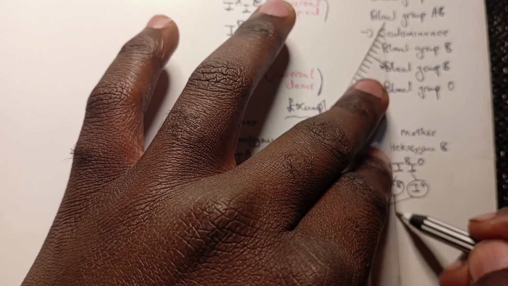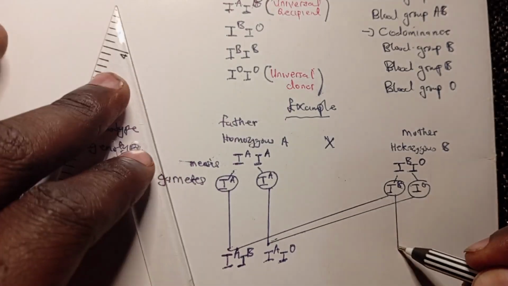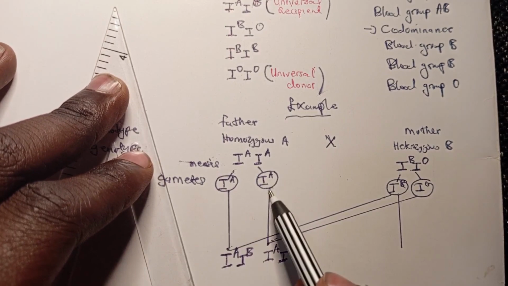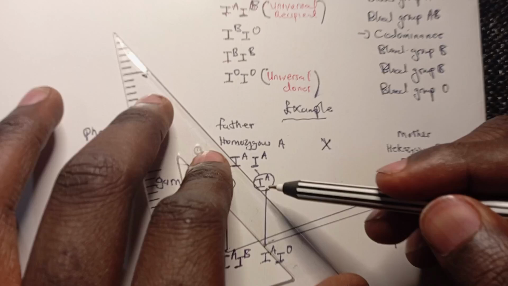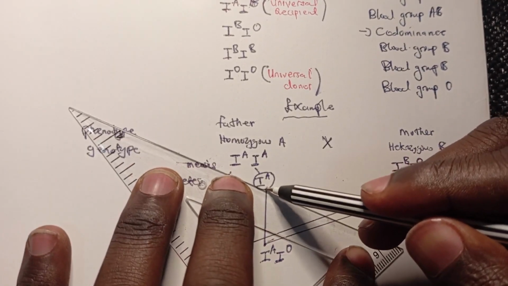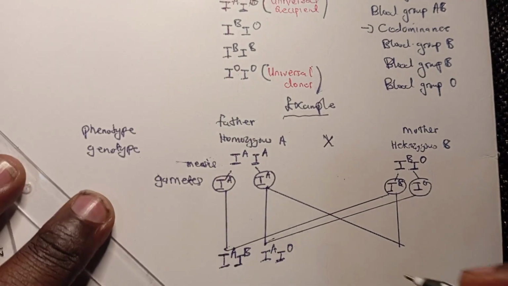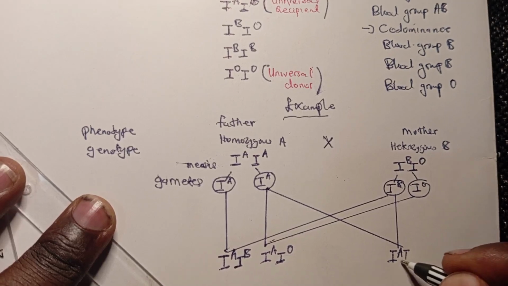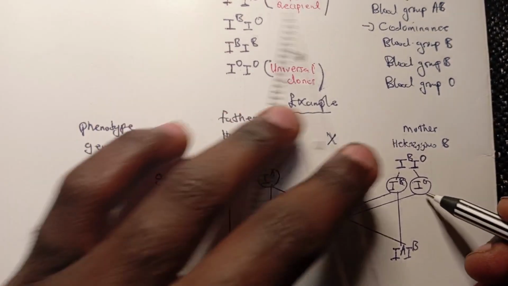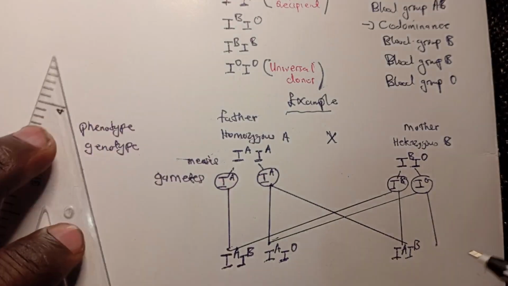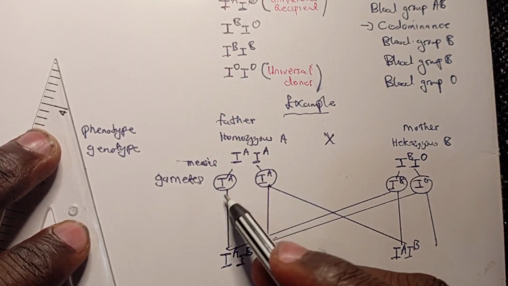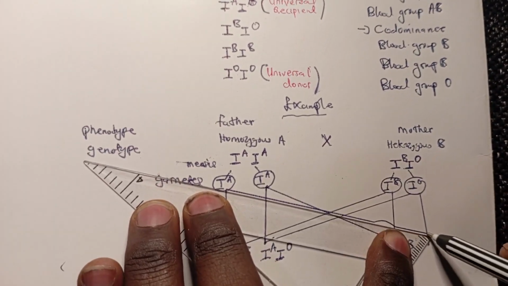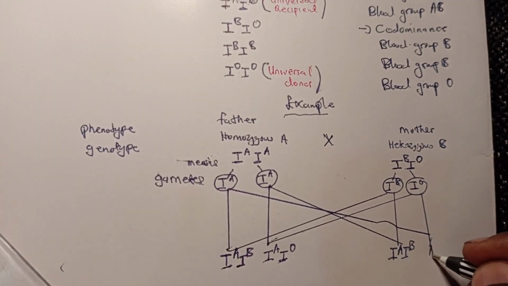And we bring this one here, we cross it with this one, which has not crossed with the first one. That will be AB again. And this one lastly comes here. It has only crossed with this one, but not with the first one. Like that, and this will be blood group A.